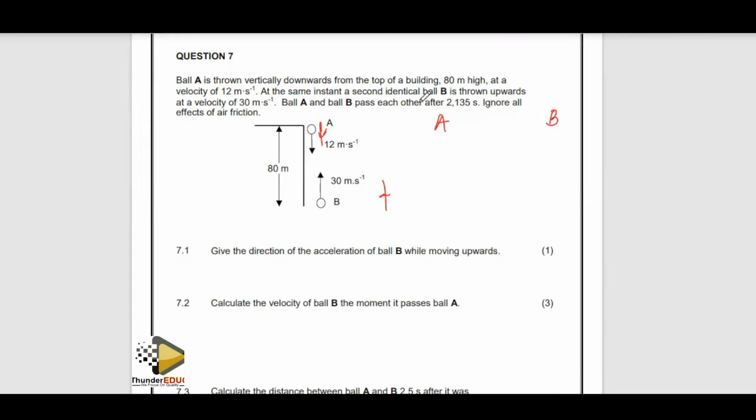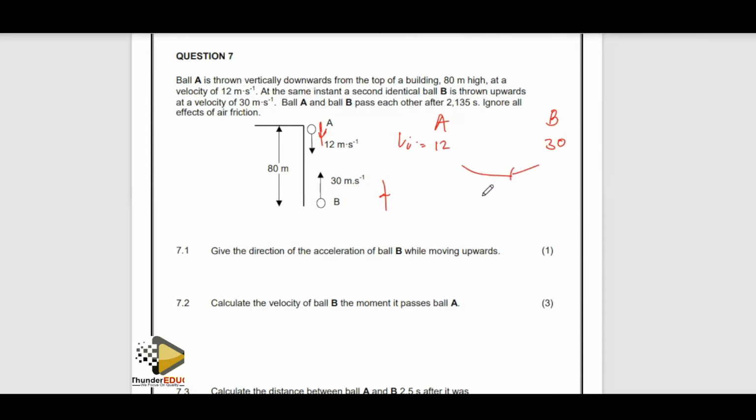The height, initial velocity, I'll say VI for both balls, telling us A is at 12. At the same instant, B is thrown upwards with a velocity of 30. A and B pass each other after time.